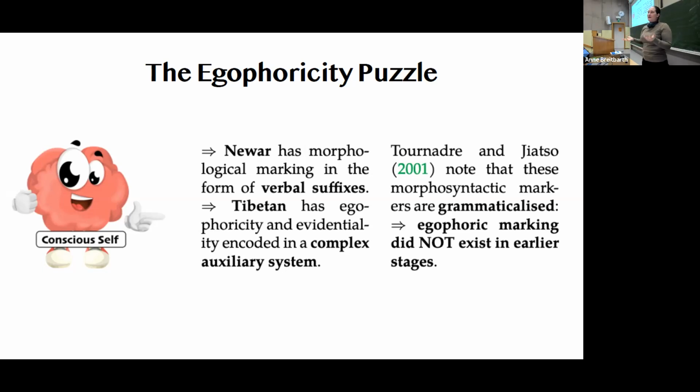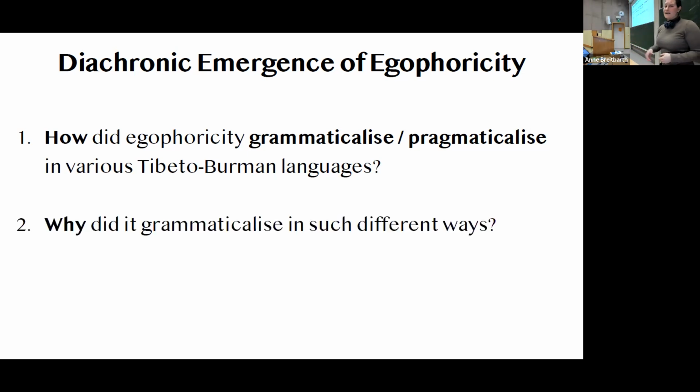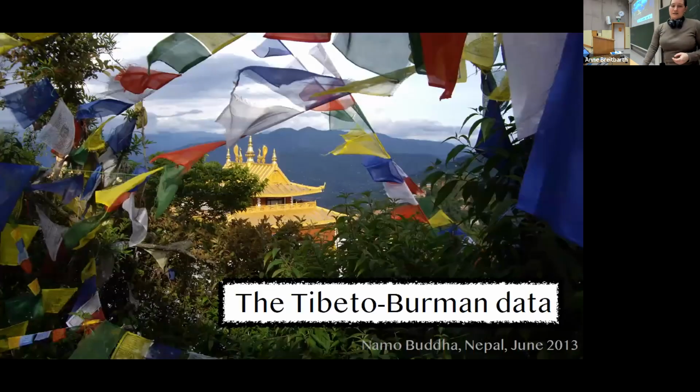And the same, we don't have Old Newar, unfortunately, but classical Newar to modern is very different. And we don't know when exactly it changed, and we don't know how exactly it changed. So this is what our project hopes to do. So the questions are, how did egophoricity grammaticalize or pragmaticalize in various Tibeto-Burman languages? And why did it grammaticalize in so many different ways?